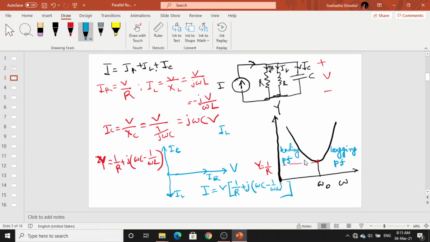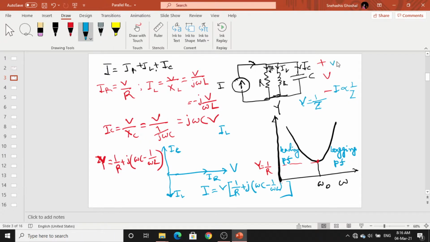So when admittance is low, what happens? Admittance is low means current is also low. What is admittance? It is inverse to impedance. Now you know when impedance is minimum, current is maximum.